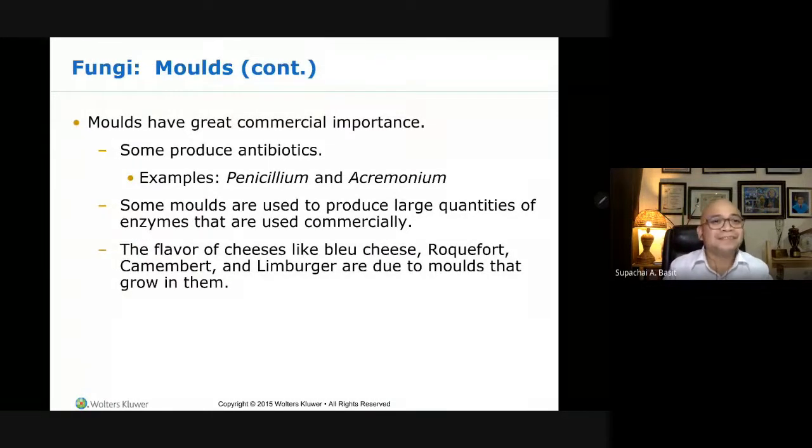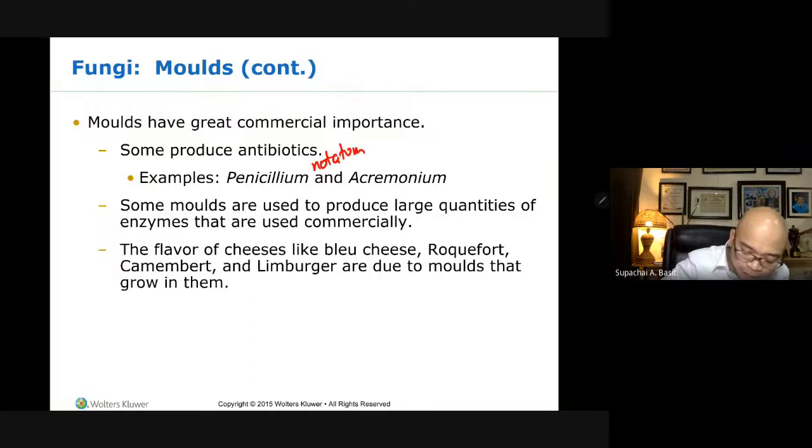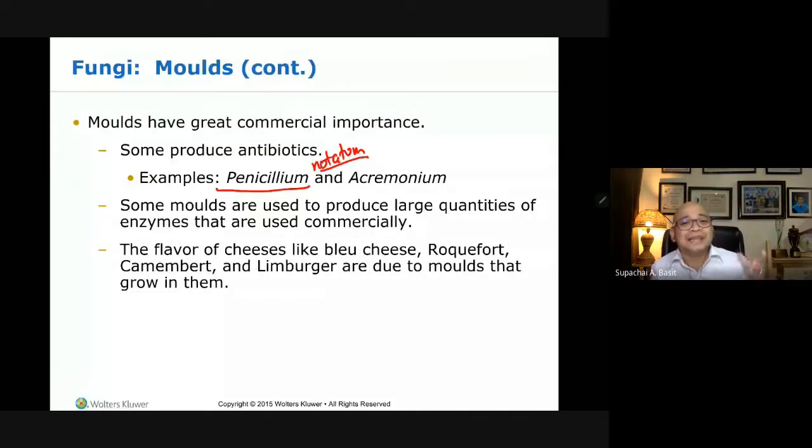Molds have great commercial importance. Do you know the first antibiotic was discovered by Alexander Fleming from a mold known as Penicillium notatum. From Penicillium notatum, they were able to discover the active component, which is penicillin.